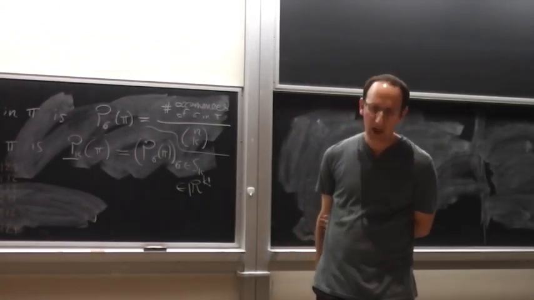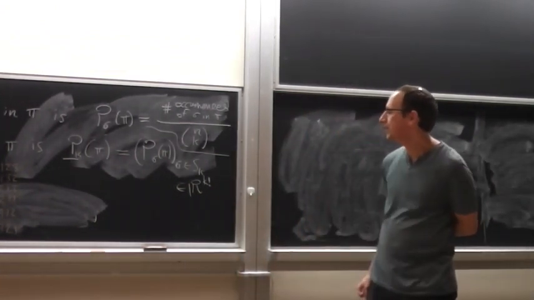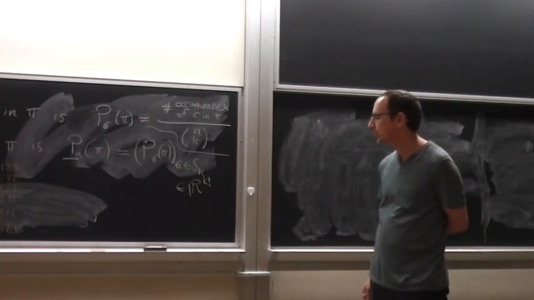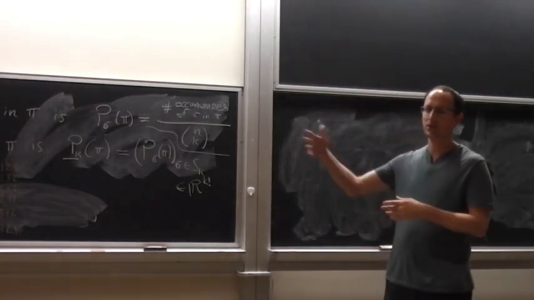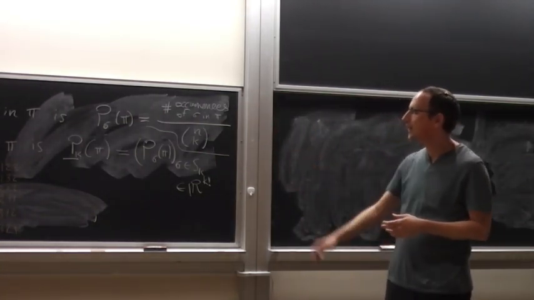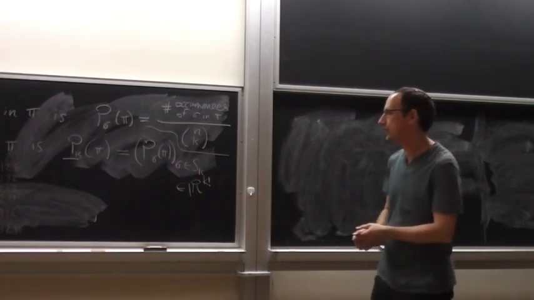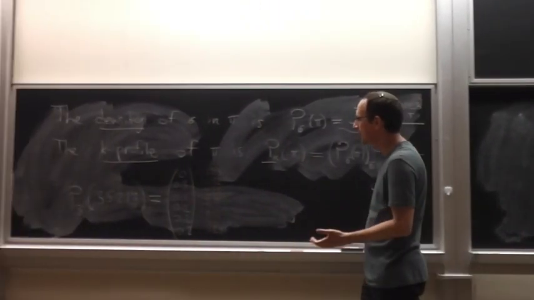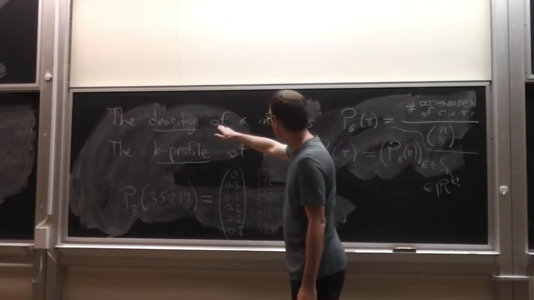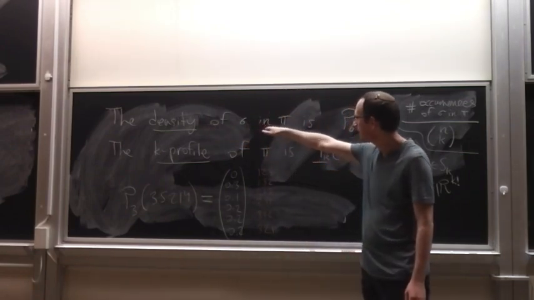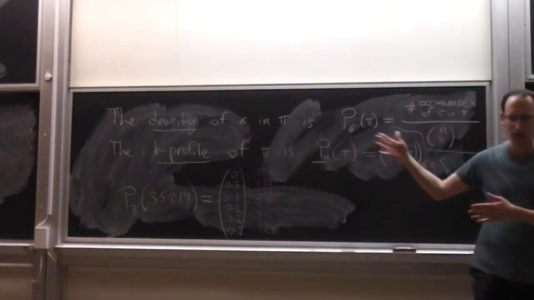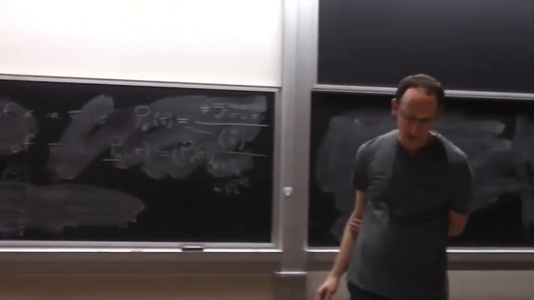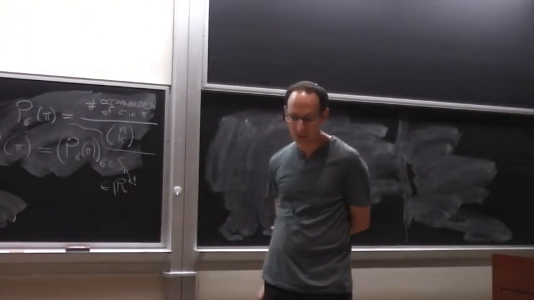It also leads to the definition of a limiting object for permutations. If you have a sequence of permutations, one for each n, do they have a limit? A natural choice is to say that they have a limit if for every fixed pattern, the density of this pattern has a limit. This helps to define a limiting object for permutations.